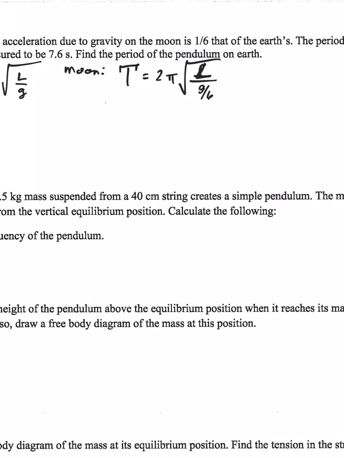So let's find this. All we have to do is plug in. We know the period is 7.6, and it's always in seconds, by the way. If you're dealing with period, it's in seconds. If you want to go back and add it, work it out. All right, so 7.6 equals 2 pi times the square root of L, and this is 10 over 6, isn't it?